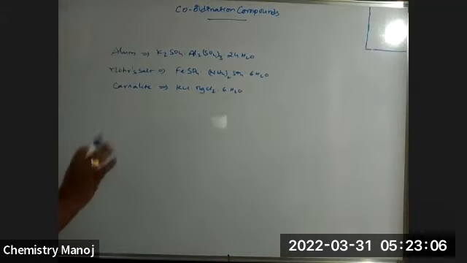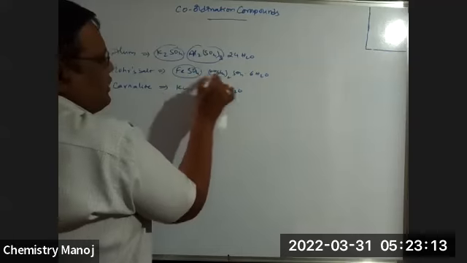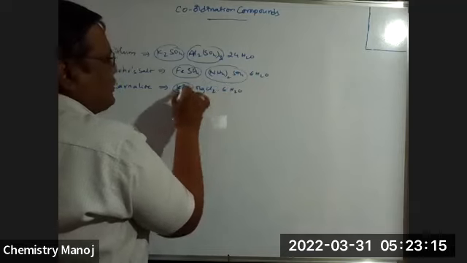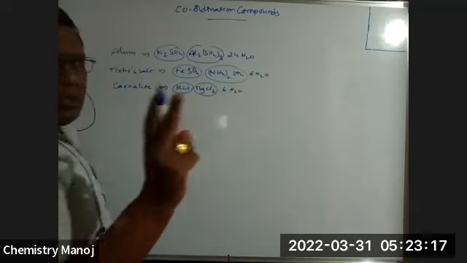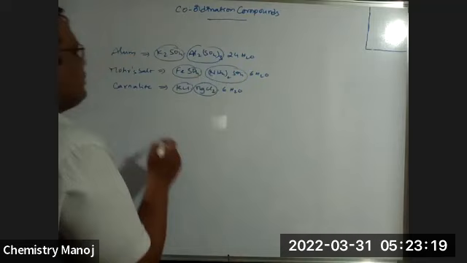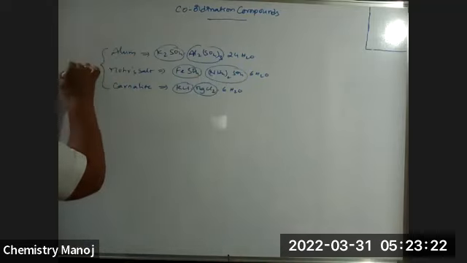These are all salts, my dear. This is one salt, this is another salt. Here also, this is one salt, this is another salt. That means these are compounds having two salts with water molecules. All these are nothing but double salts.